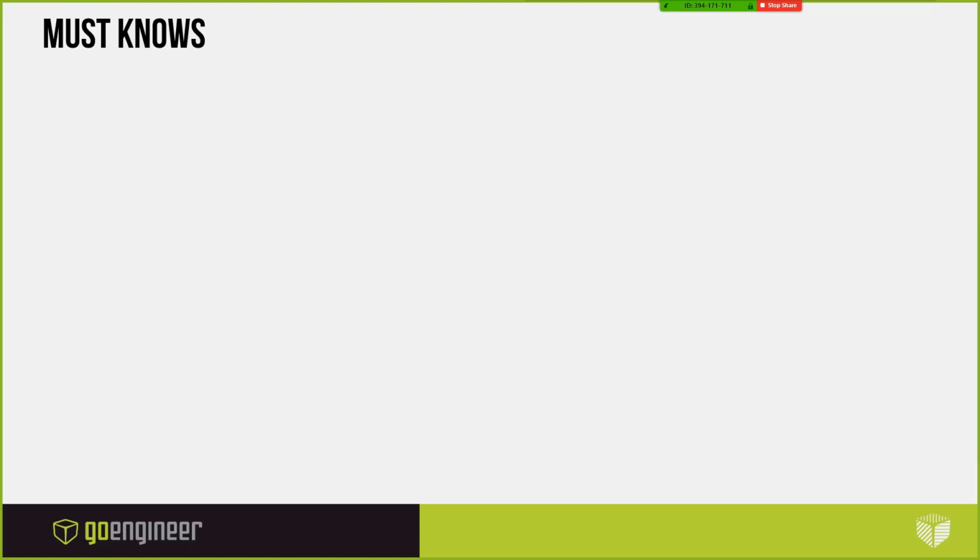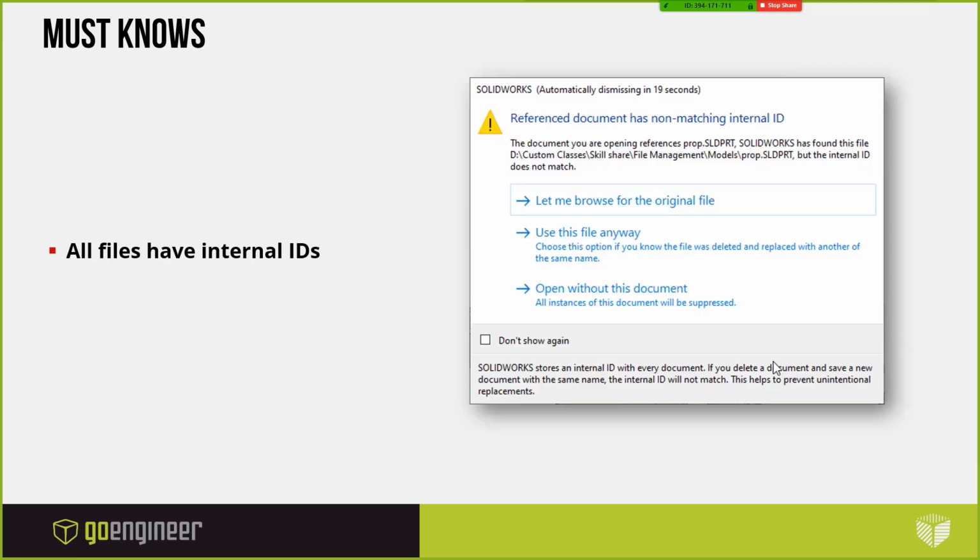All right, so a couple of things that you must know. First of all, every single SOLIDWORKS file doesn't just go by the name. It actually contains an internal ID that SOLIDWORKS utilizes to identify a certain file. So if you open up a file that has the same name as the one you meant to open, but it wasn't originally the same file, you're going to get a message like this.